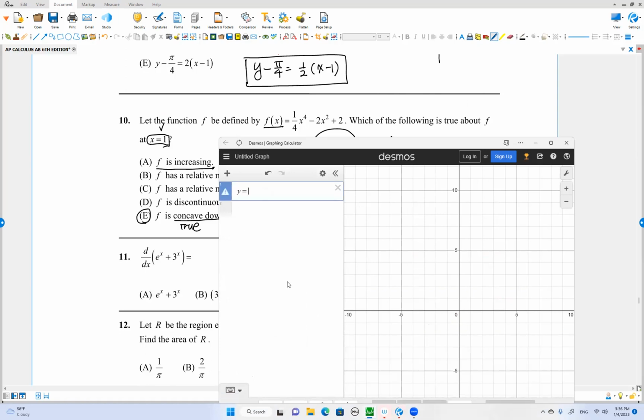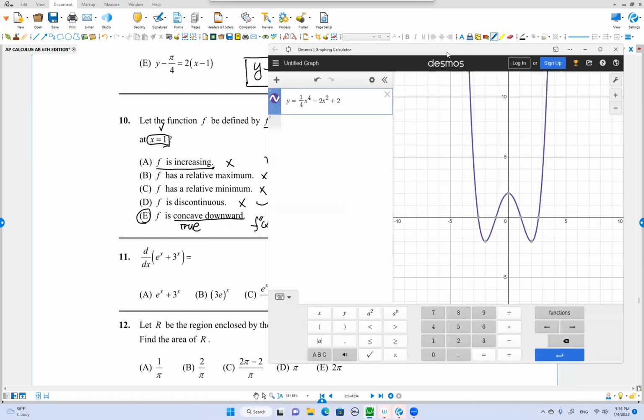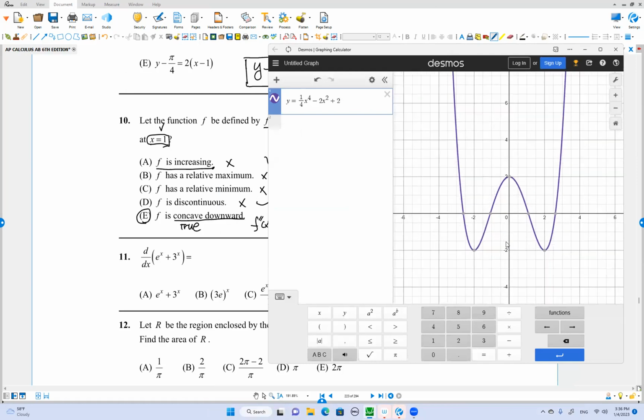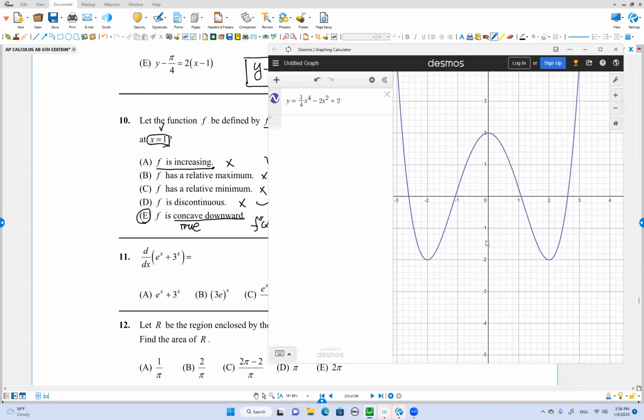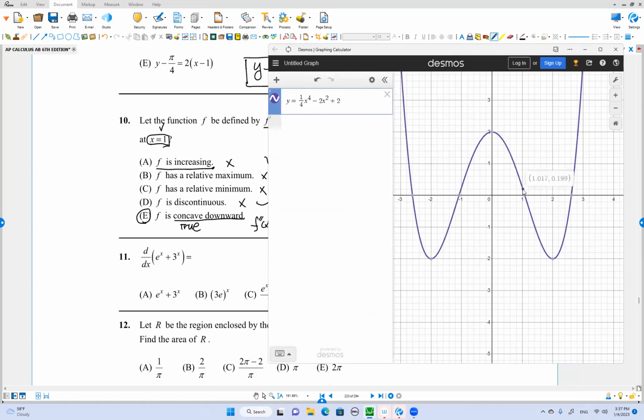y equals 1/4 x to the 4 minus 2x squared plus 2. That's the graph over here. You can see the graph. We are talking about x equal 1 here, this point.